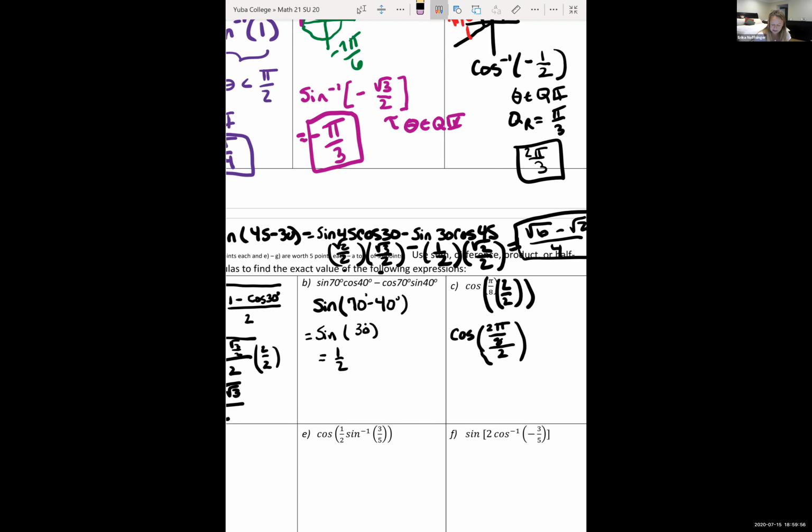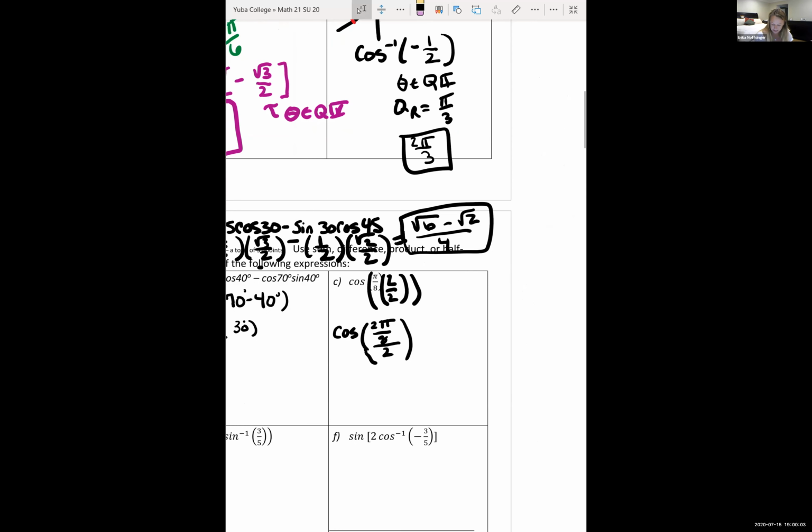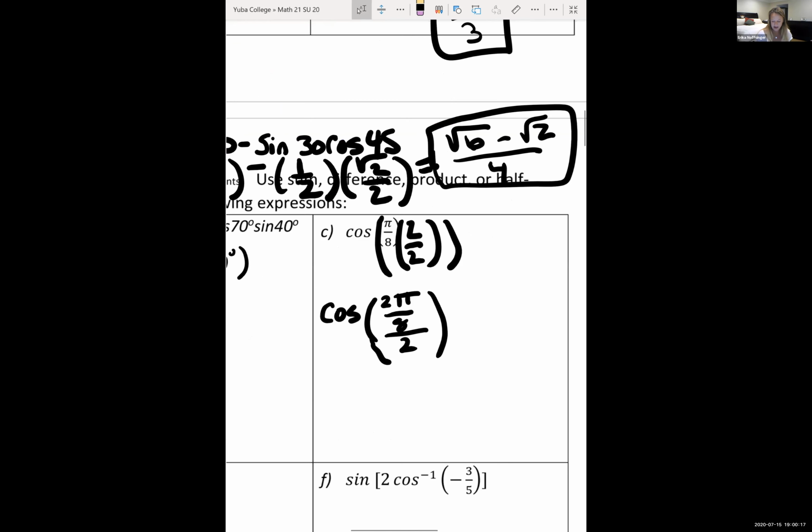But notice, let's rewrite this a little differently. Let's cancel this, making this a 4. So we now have cosine of pi over 4, over 2.